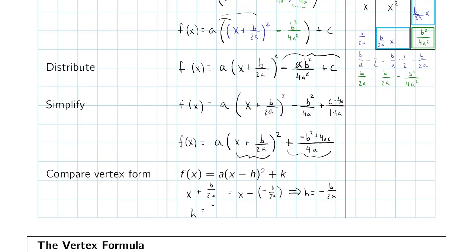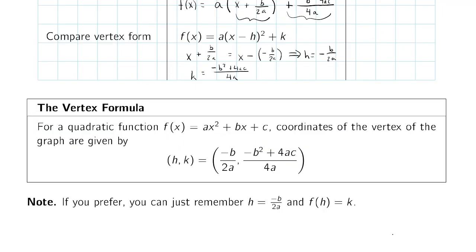K is just the opposite of b squared plus 4ac all over 4a. And that gives us the vertex formula. The coordinates of the vertex of a quadratic function, ax squared plus bx plus c, are given by h is negative b over 2a, k is negative b squared plus 4ac over 4a.